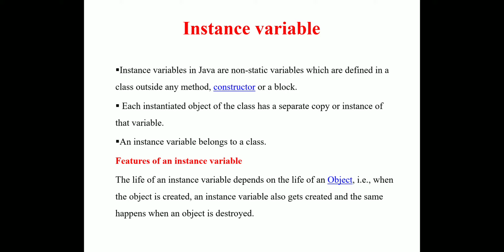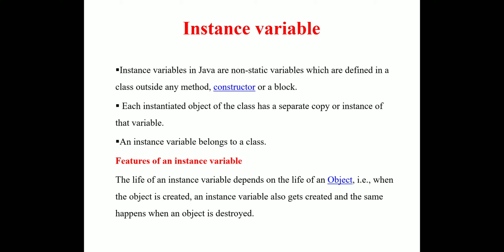The first one is that the life of an instance variable depends on the life of the object. It means when an object is created, an instance variable also gets created automatically.